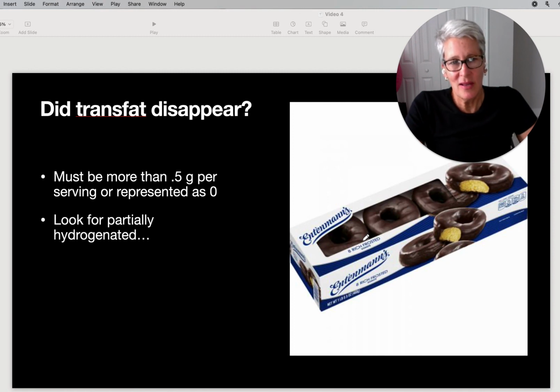Then I know that I may be at right under a gram, but I'm getting trans fat when I really should not have any trans fat. So just be smart about looking for this partially hydrogenated anything, palm oil, soybean oil, whatever the oil is, and then you'll know that trans fat exists in the product, and that in fact, in order to avoid it, you have to not buy the product.